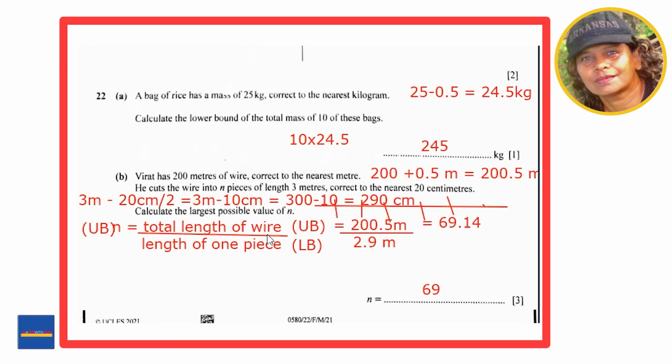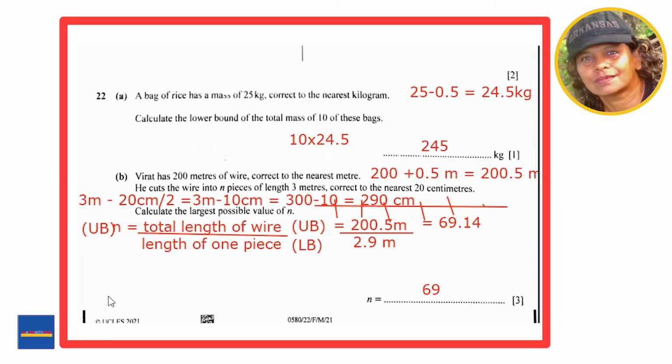Now for the length of the entire wire to be upper bound, it's going to be 200 meters plus 0.5, so it's 200.5. For the length of one piece to be lower bound, it's 3 meters correct to the nearest 20 centimeters. Because it's the lower bound, we're going to subtract the 20 centimeters divided by 2.